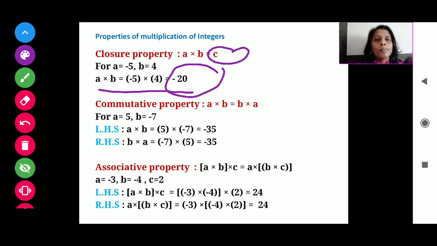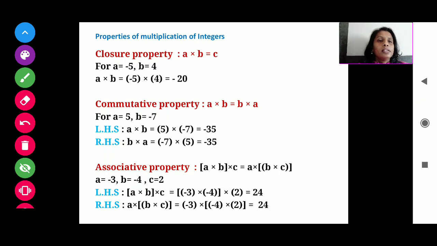Next one is commutative property. A into b is equal to b into a. This one I already taught you in my second slide, where we discussed sign. So again we will discuss first a into b. a is equal to 5 and b is equal to minus 7. So 5 into minus 7 is equal to minus 35. b into a, minus 7 into 5, is equal to minus 35.